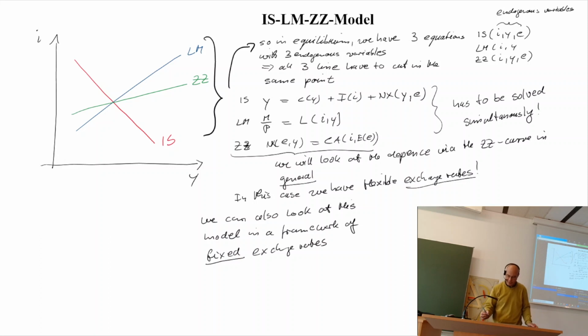Well, if we have a fixed exchange rate, then of course E is not anymore an endogenous variable, but an exogenous variable. But what do we have to do then if we fix the exchange rate? Still, we have movements in goods and services.